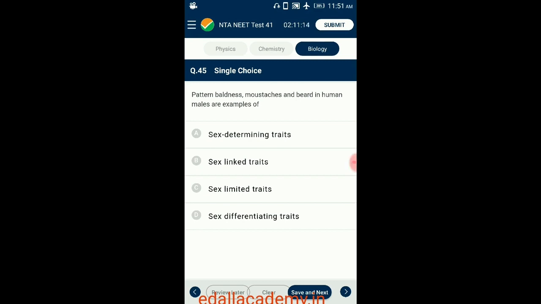Sex limited characters express their effects only in one sex and not in the other. Sex influenced characters appear due to the effect of a particular sex hormone. So the answer for this question is option C, sex linked traits. The pattern of baldness, mustaches and beard in human males are examples of sex limited traits. So the correct option is C.